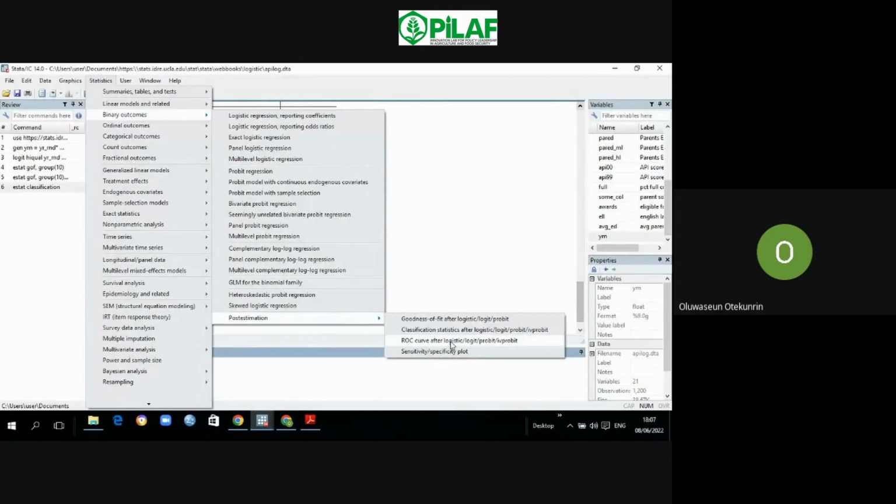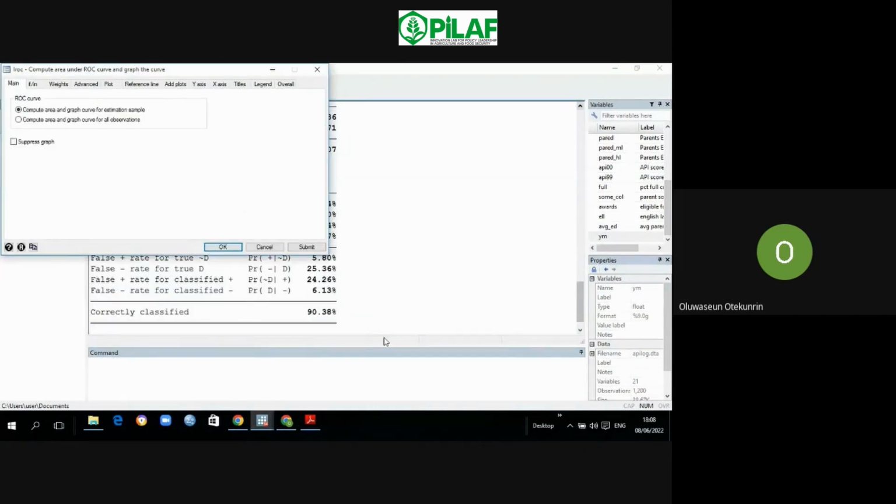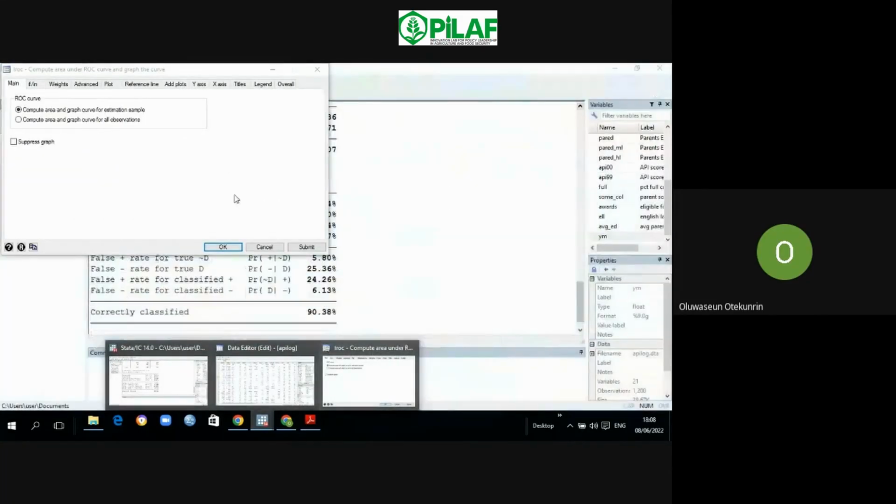If you click that, you will see that window, LROC: compute area under ROC curve and graph the curve.